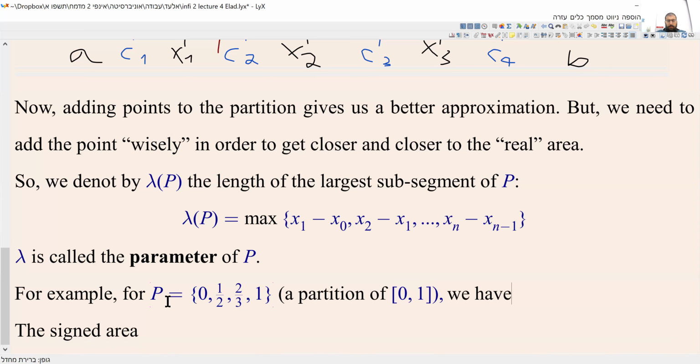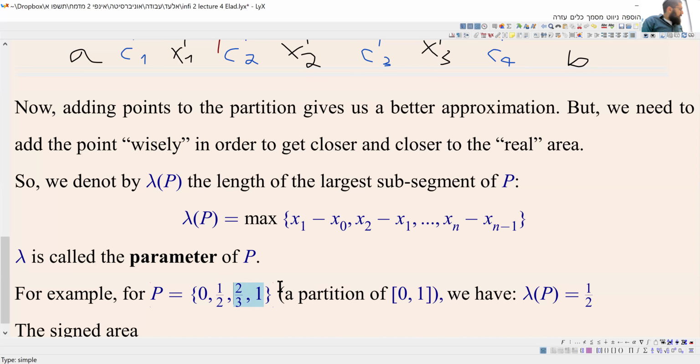What is lambda p, what is the largest? It's half, right? We have 3 subsegments between 0 and half, half and 2/3, 2/3 and 1. The biggest one is 0 and half with a length of half.